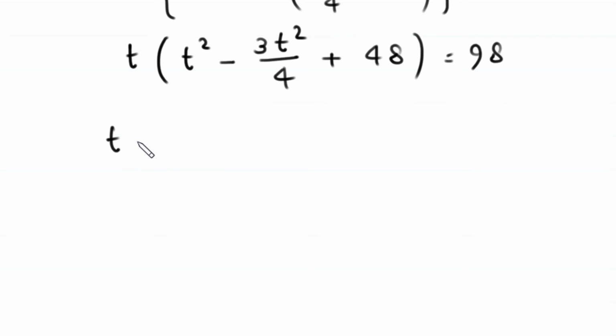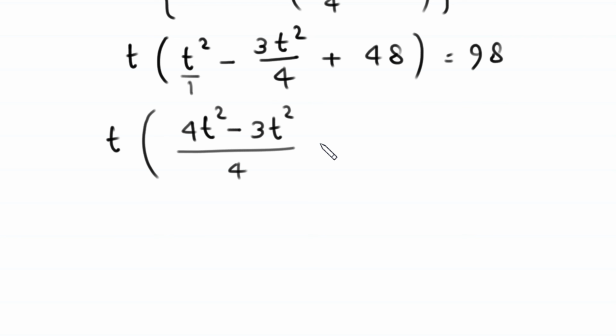Next, t times, we can write the denominator of this t squared as 1 and take LCM of 1 and 4. LCM of 1 and 4 is 4. So this will become 4t squared minus 3t squared plus 48 equal to 98.